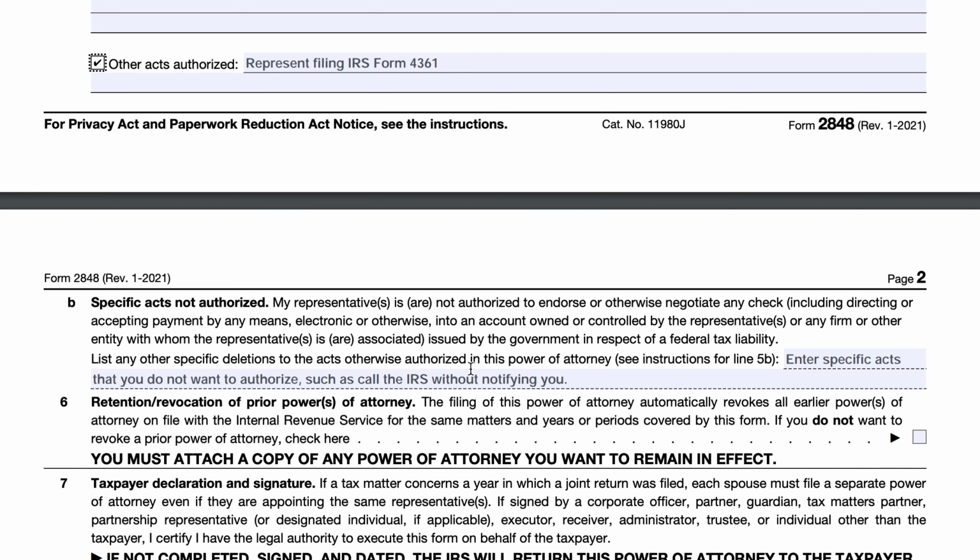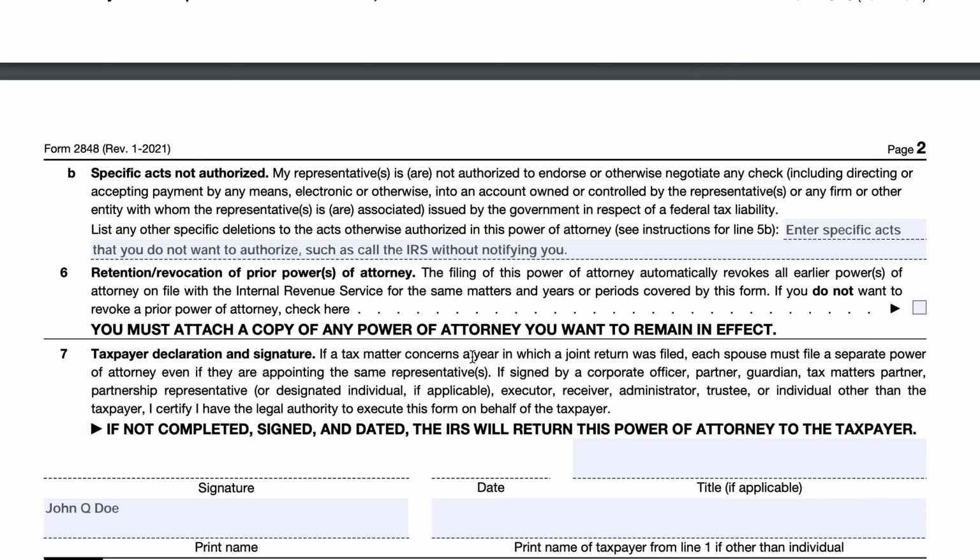The IRS will not allow any kind of manipulation when it comes to your representative and checks on your behalf. That will always remain a taxpayer responsibility. So if you're acting on behalf of someone that may not be able to represent themselves, then you would need to establish yourself as a fiduciary, not just a power of attorney.